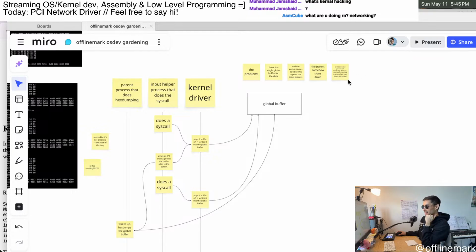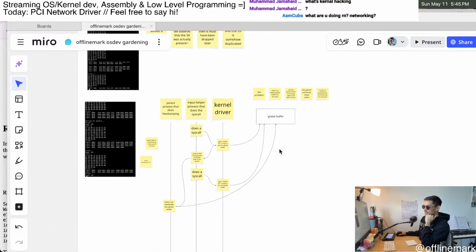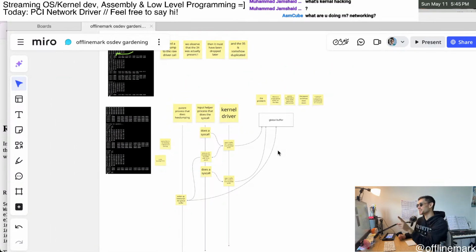It's not good. Technically, this is all UDP though, and UDP is supposed to be a lossy protocol where packets are allowed to get dropped and whatever. But that's not really an excuse to have a buggy kernel driver.